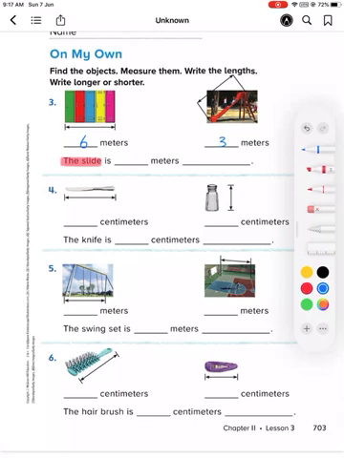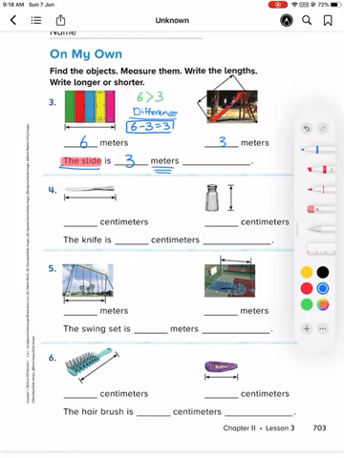Let's find the difference between these two numbers. First, 6 is greater than 3, and when we want to know the difference, what is the difference? The difference is 6 minus 3 equals 3. So the slide is 3 meters.